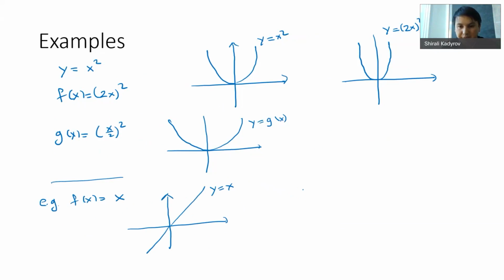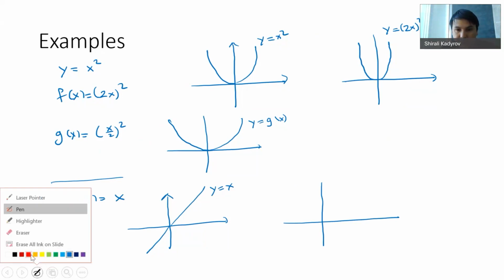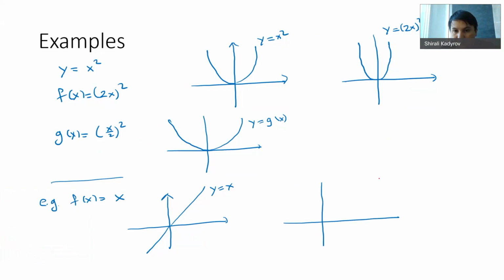Anyway, so what happens? Let's multiply. If I do y is equal to 2x, what happens?